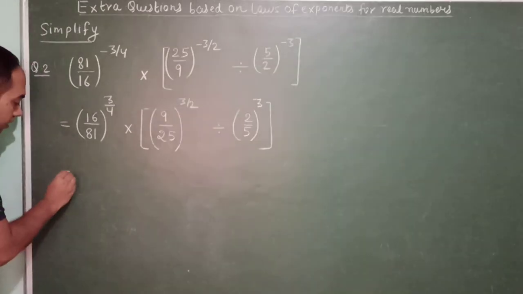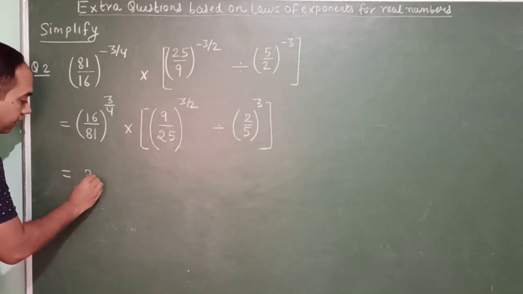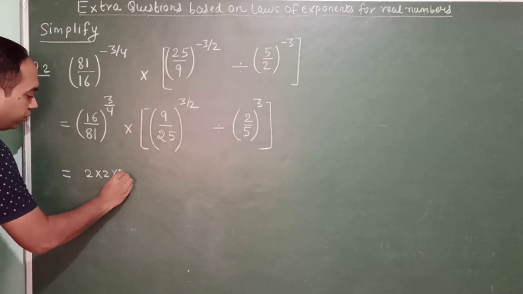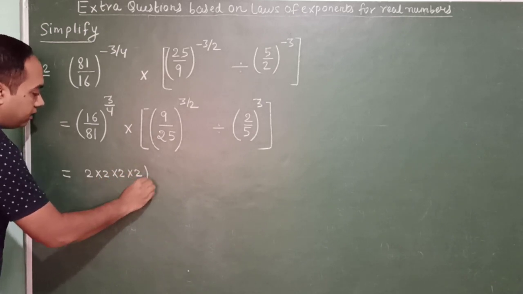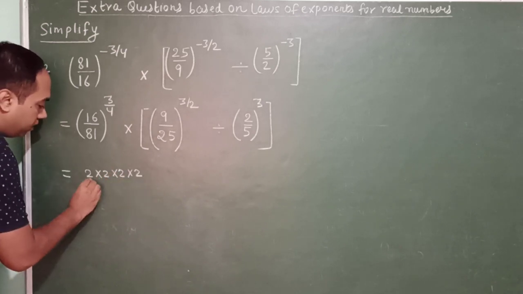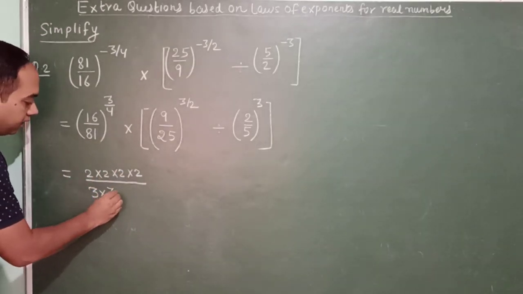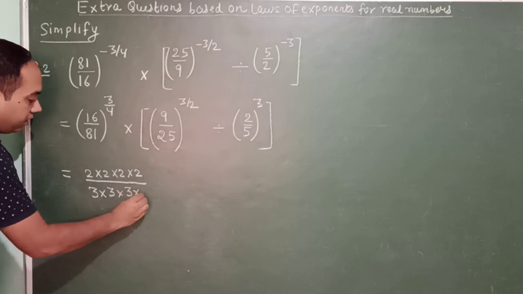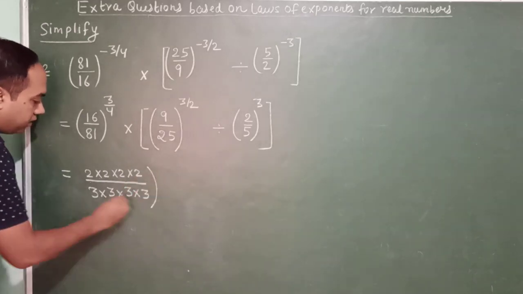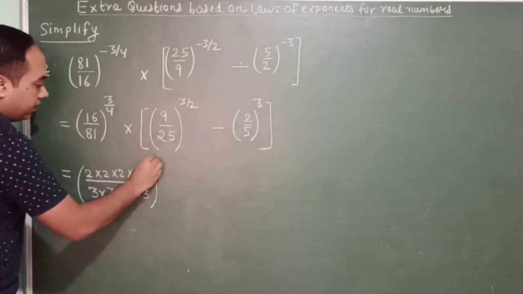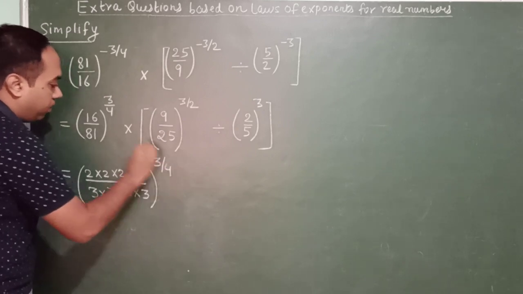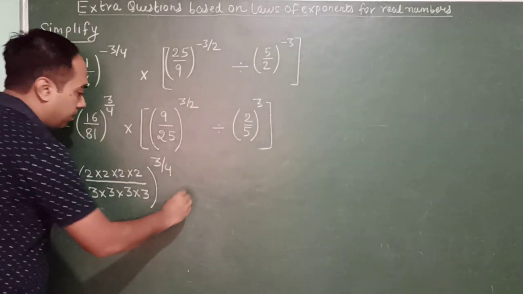So look, now 16, this 16 can be written as 2 2s are 4, 4 2s are 8, 8 2s are 16, upon 81 can be written as 3 3s are 9, 9 3s are 27, 27 3s are 81, whole power 3 upon 4. Then multiplication sign.